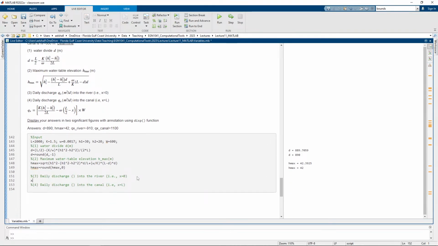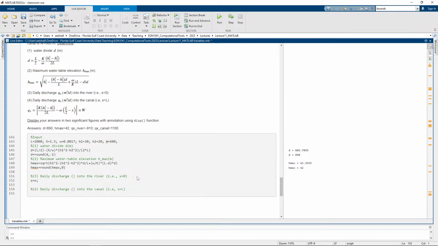So here I will say x is equal to 0. That's the discharge at the river. Then I enter my equation, which is qx. Let me make a subscript river, so I know that this is for the river.